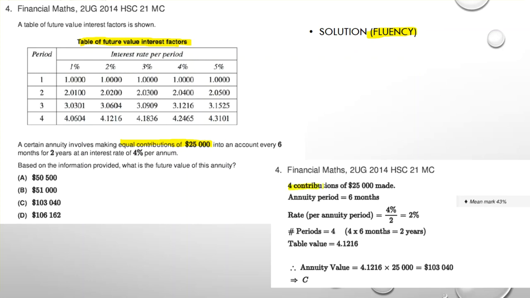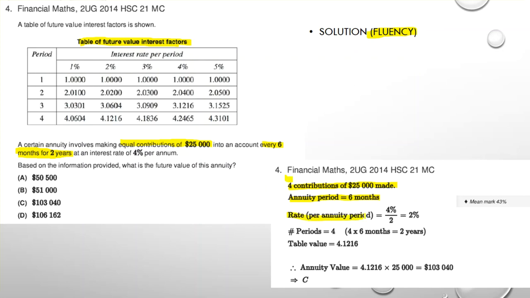So we have 4 contributions of $25,000 made. We know it's 4 because this much is put into an account every 6 months for 2 years. So the annuity period is 6 months. We have 4, which is 2 lots of 2.